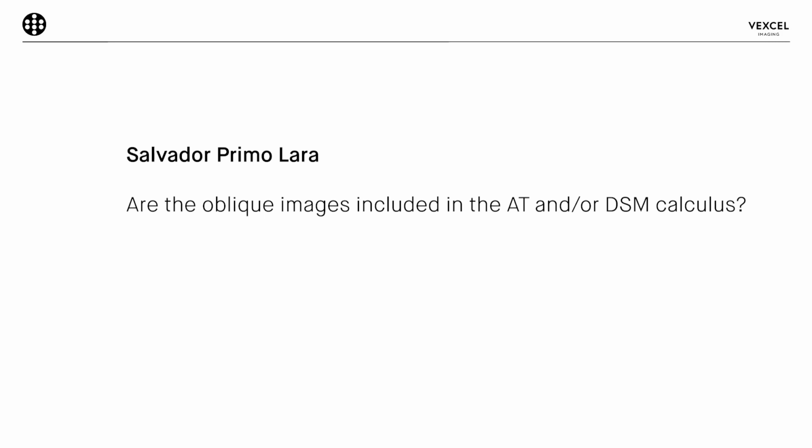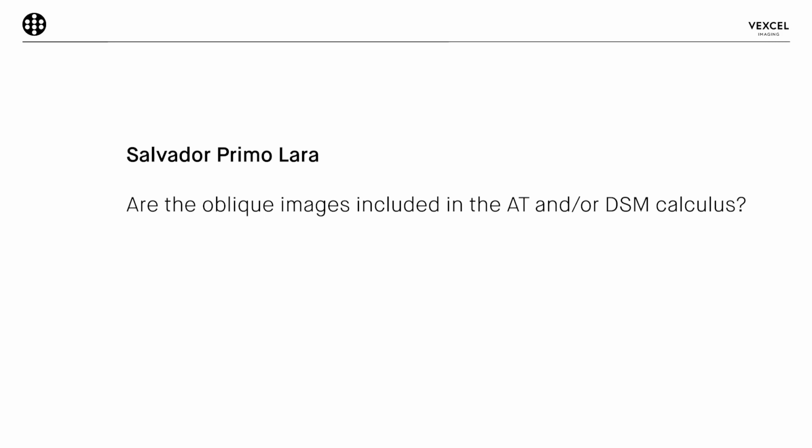So both the triangulation result and also the radiometric adjustment result are fully consistent for all viewing directions from nadir and oblique. Then for the DSM processing, this is a nadir only workflow, but the 3D processing, the 3D mesh, so the 3D model that I showed at the end of the live demo, was processed using the nadir and oblique images.